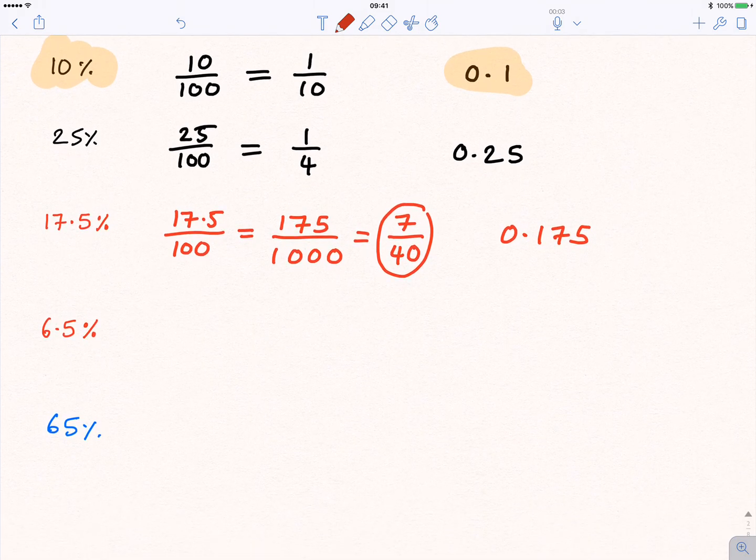Now, what is 6.5% as a fraction? Again, write the decimal over 100, so 6.5 over 100. Multiply the numerator and the denominator by 10.